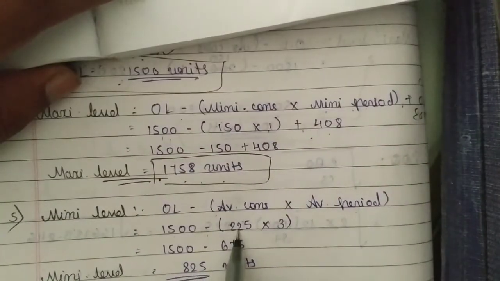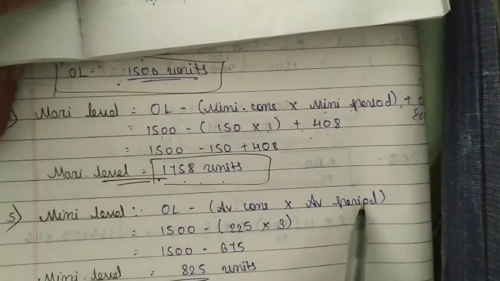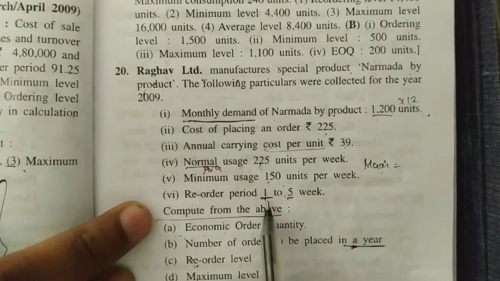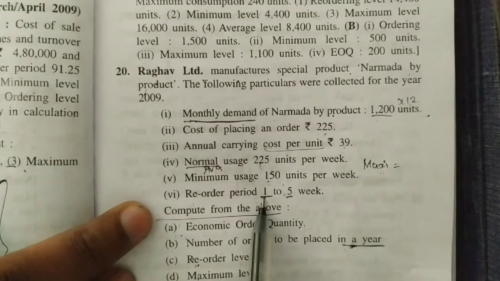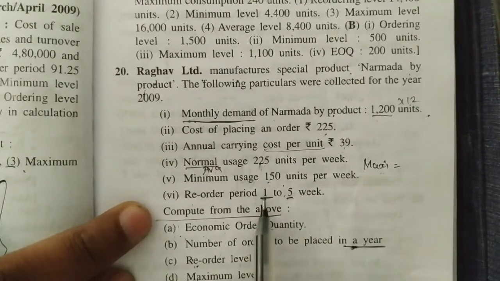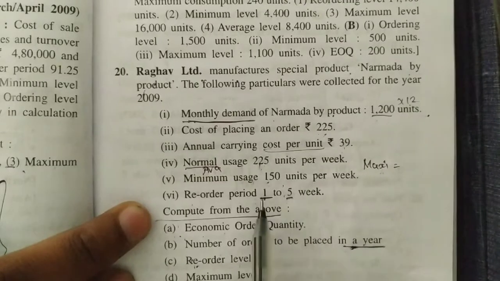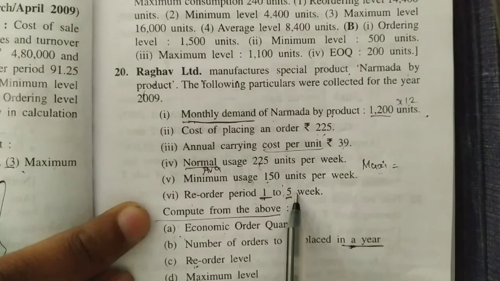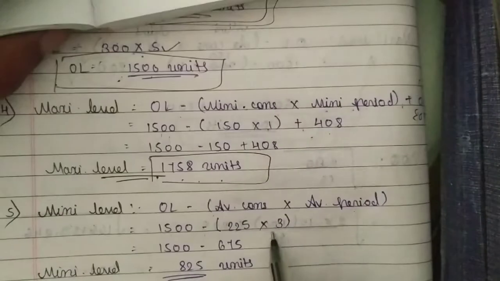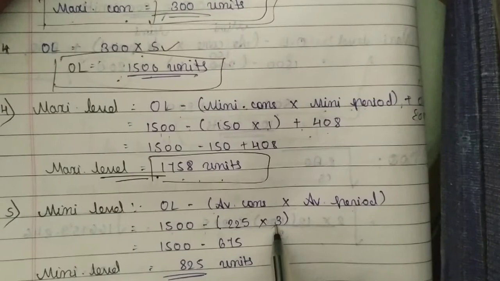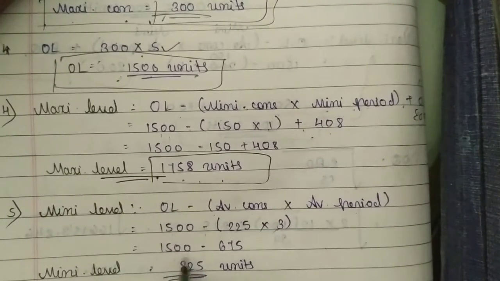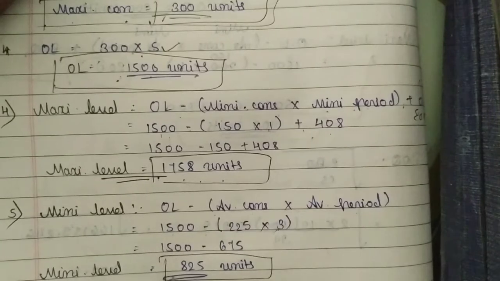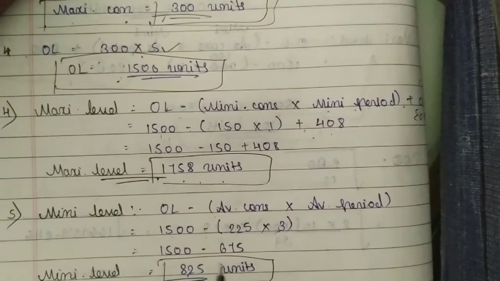We put it down in our formula, 225 multiplied by average period. Average period is not given in the question, but minimum period and maximum period are given. So minimum plus maximum divided by 2, it means 1 plus 5, 6 divided by 2, is the answer for average period, that is 3 weeks. So the reordering level minus 675, the answer of that particular solution is 825 units.